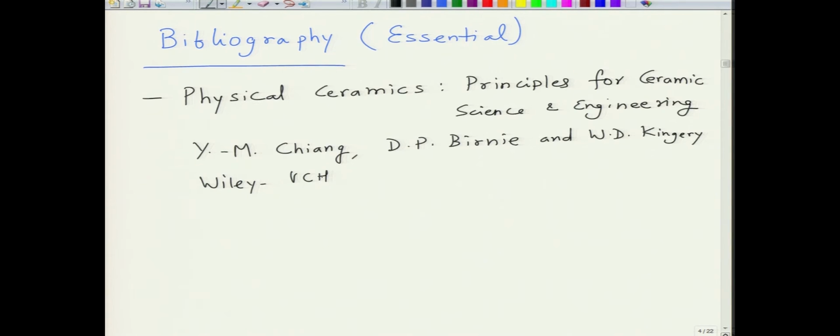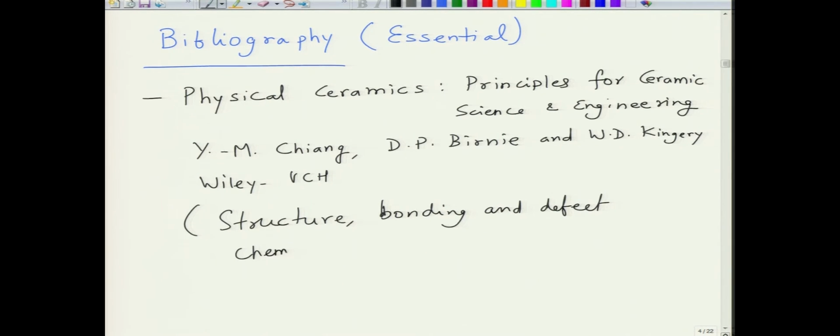So, earlier first few chapters, especially from the perspective of structure, bonding and defect chemistry. Okay. So, these are the topics which this book covers well.